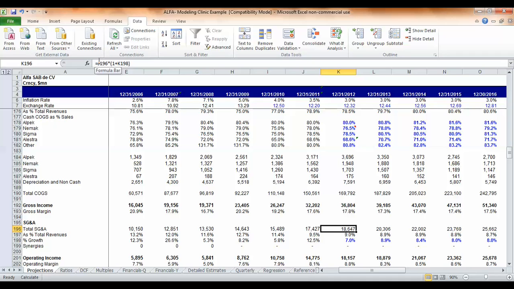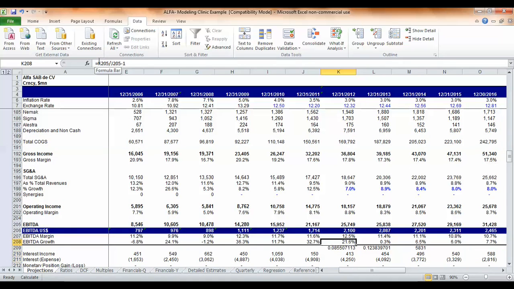In the case of SG&A, you have the opportunity of, in some cases, seeing some efficiencies, and those efficiencies will come from the fixed nature of SG&A. So if you're a conglomerate and you have your corporate office that is servicing all the different business units, all the business units can grow 5 or 10%, but the corporate office will not grow at the same rate.